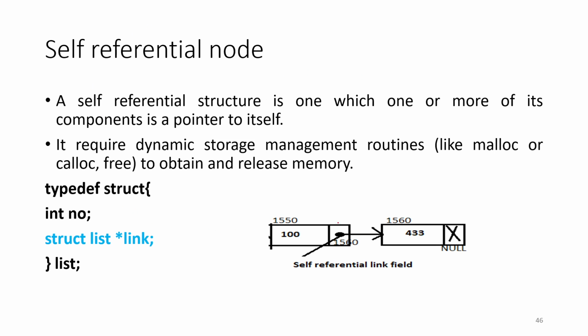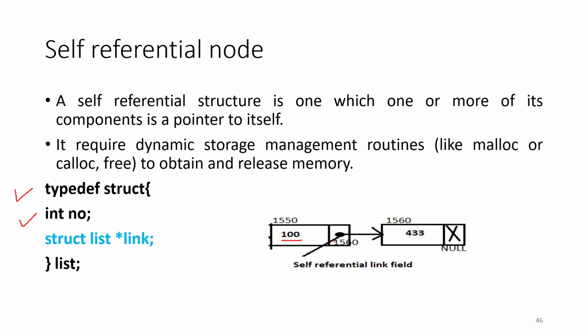In order to create this node in C, you make use of structure. The definition goes like this. Typedef struct, the fields, what and all fields that you are going to set. Can be any number of fields. Here I have taken integer type. Can be string, float, or even a structure also. This is generally the information field.